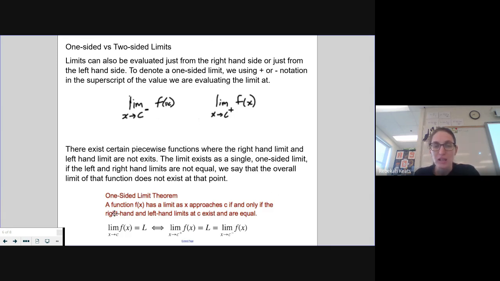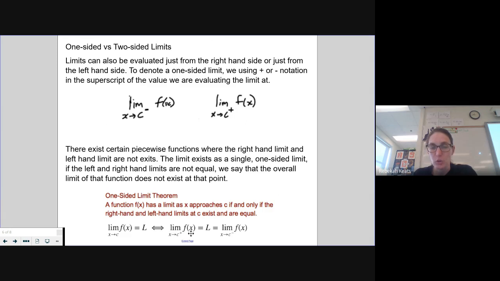That's the idea of the one-sided limit theorem, which says a function f of x has a limit as x approaches c if and only if the right-hand and left-hand limits at c exist and are equal to each other. This is mathematical notation for that if and only if statement: this statement is true if and only if these statements are true.